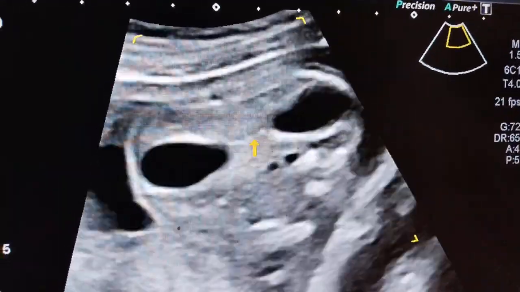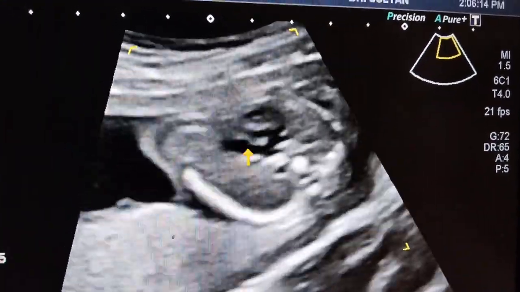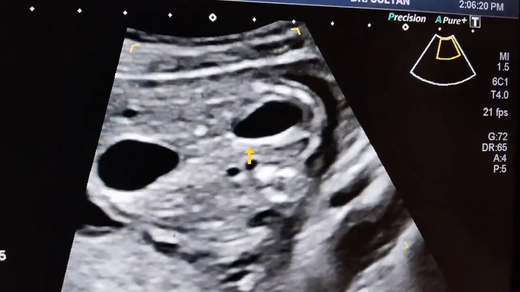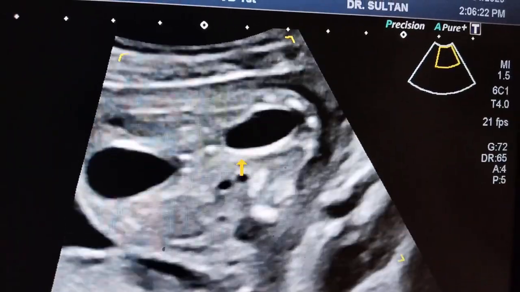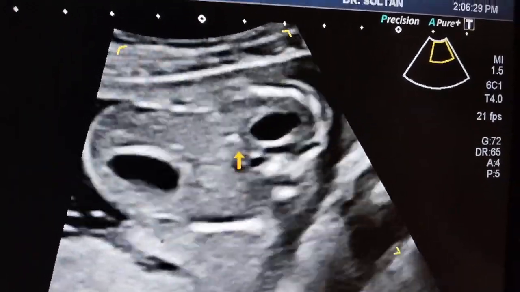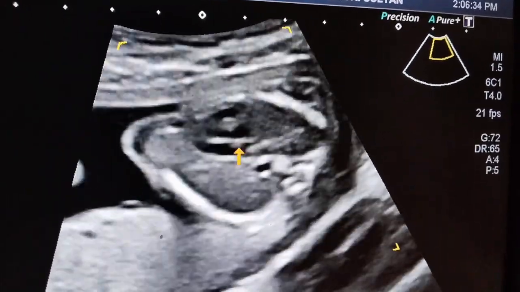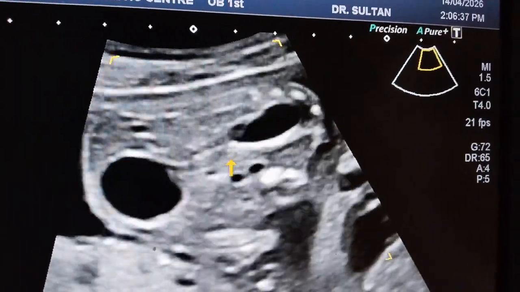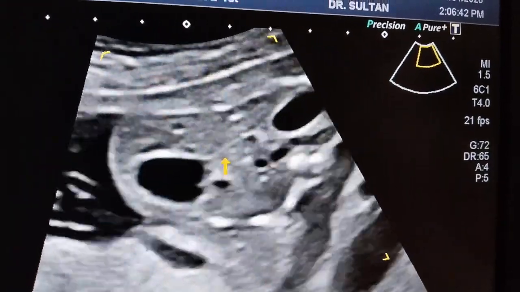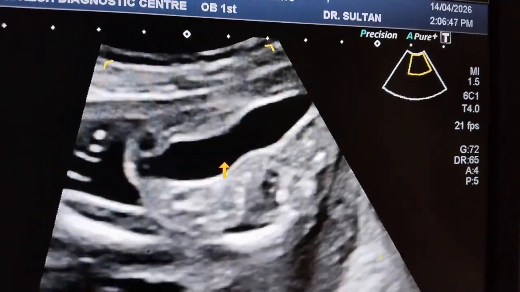What happens in the duodenal atresia? Usually around the 8-10 weeks, there is epithelial proliferation of the duodenum. Then there is a temporary occlusion. When this happens, the proliferation is also temporary. Then again there is a recanalization of the duodenum, and then the duodenum becomes patent.